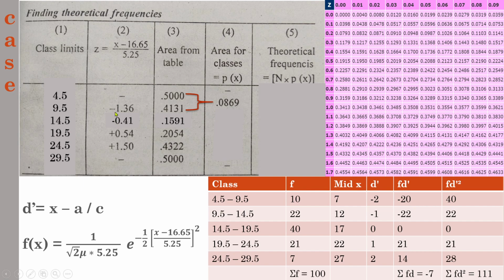Here these two have the same sign. So whenever two values have the same sign, you take the difference between these 2 points. So for 0.4131 minus 0.1591, you will get 0.2540.